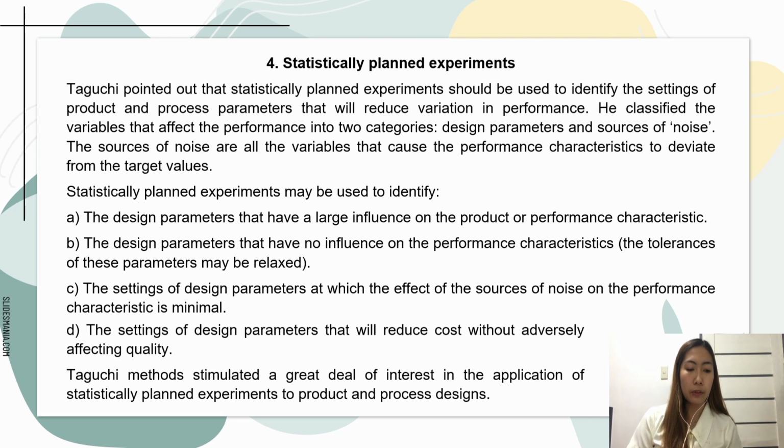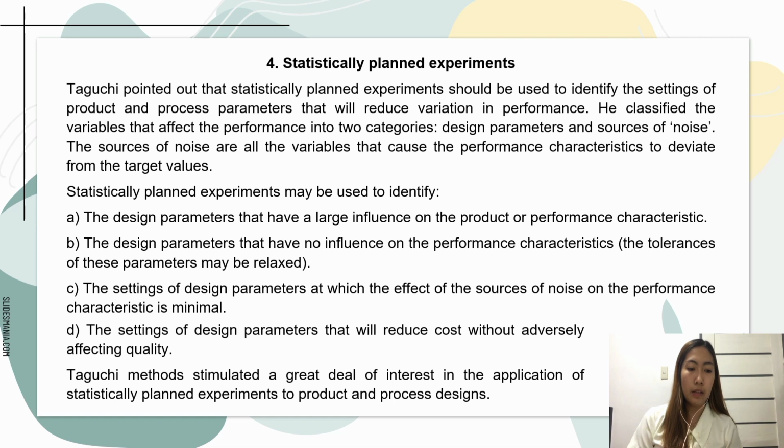The key noise factors are those that represent the major sources of variability, and they should be identified and included in the experiments in order to design the parameters with the least effect of noise on performance. This is accomplished by systematically changing the design parameter settings and comparing the effect of noise factors for each experimental run.